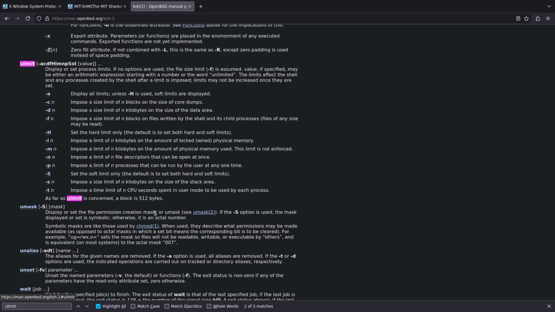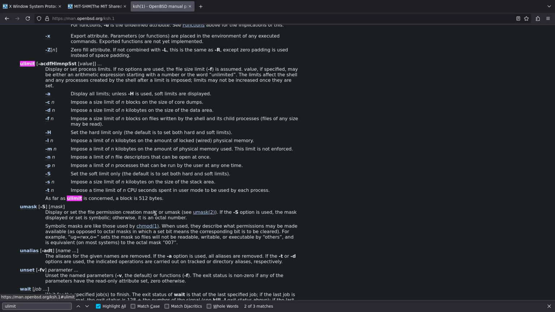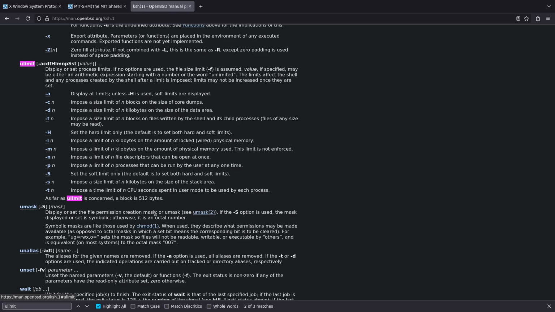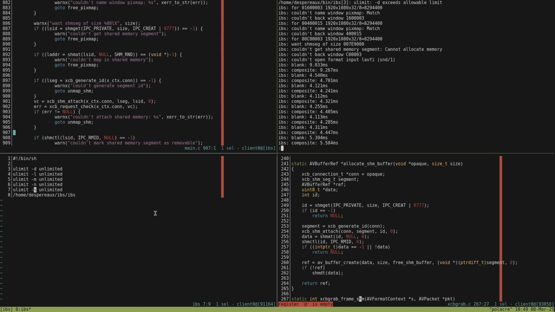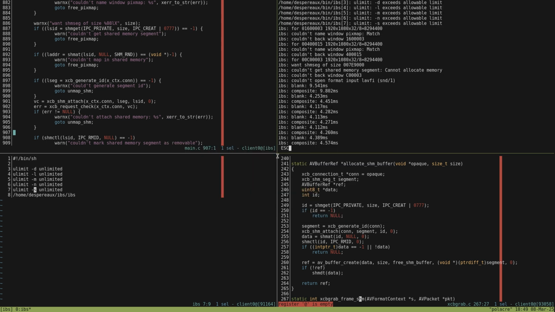It says it's not enforced, but I don't believe you. A time limit? Yeah. Still cannot allocate memory. Why not? I'm not sure I understand what would be causing this.